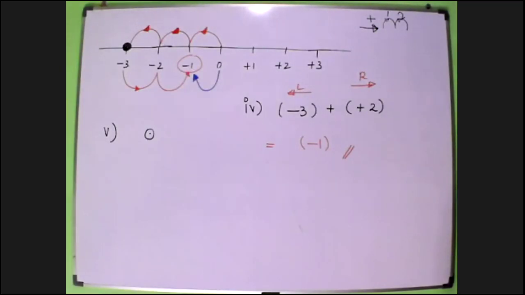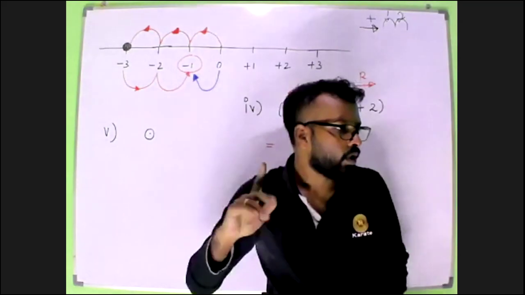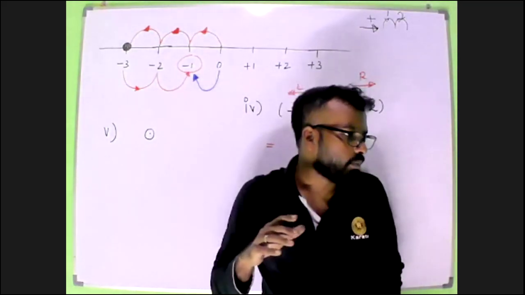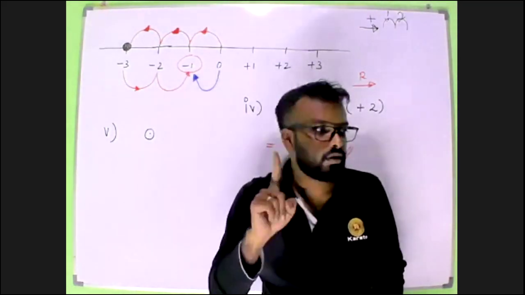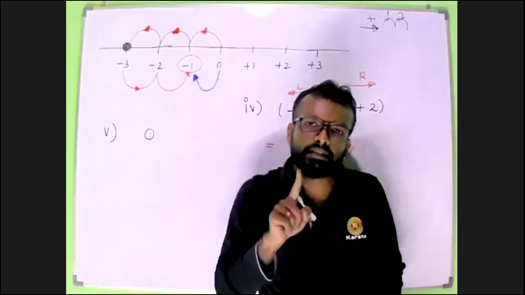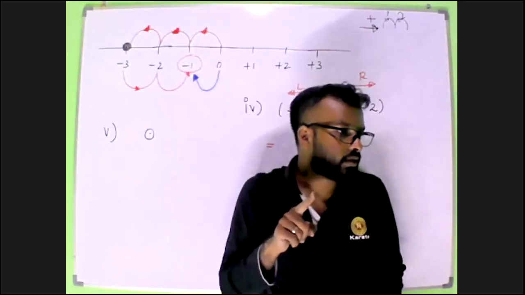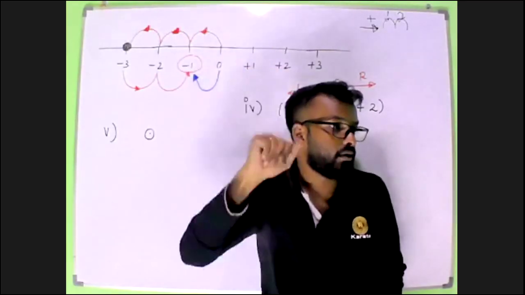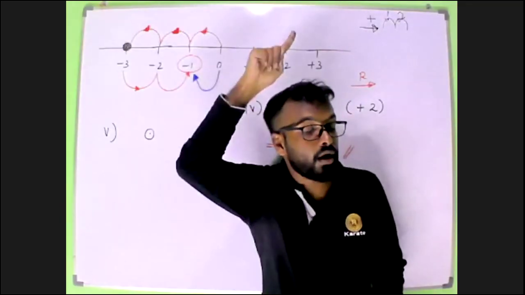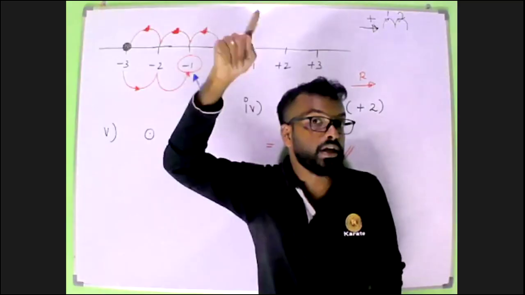Let's move to the fifth one. There are 4 points. Cost of a drawing paper is A rupees. Cost of a marker pen is B rupees. Cost of a glue bottle is half of a marker pen. Marker pen is B rupees, half of that, B divided by 2.